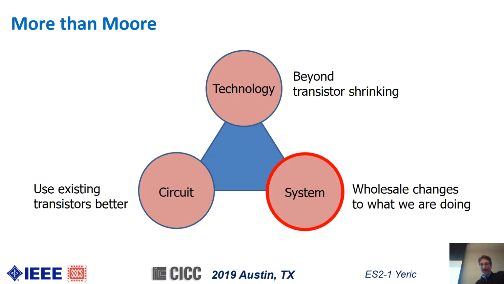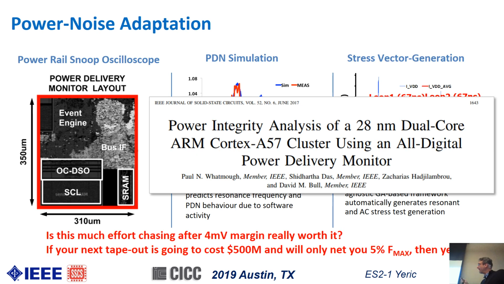I lost my clicker again. There we go. So here it is. There's a paper I've given you reference. You know, is it just crazy to put that much effort and maybe even put this much real estate onto a chip just to chase a few millivolts?